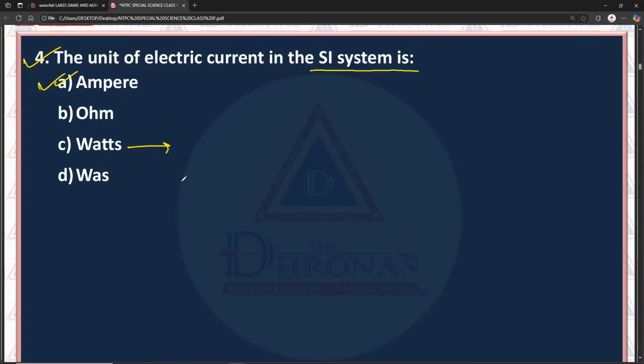Can you answer? What is the unit of power? This means work done per unit time.